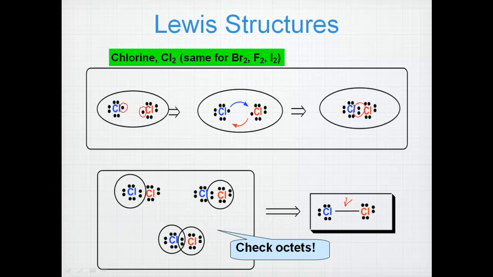If you take a look, once the bond is made, you can see that this chlorine has 2, 4, 6, and then the shared pair makes 8 for the blue chlorine. And on the red chlorine, you have 2, 4, 6, 8 electrons. So using a shared pair of electrons between the two makes both chlorines have a stable octet, 8 electrons around it.